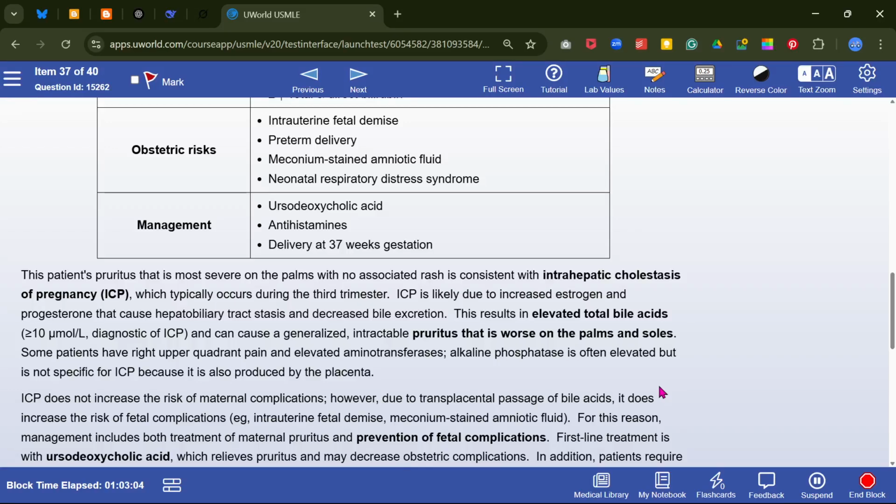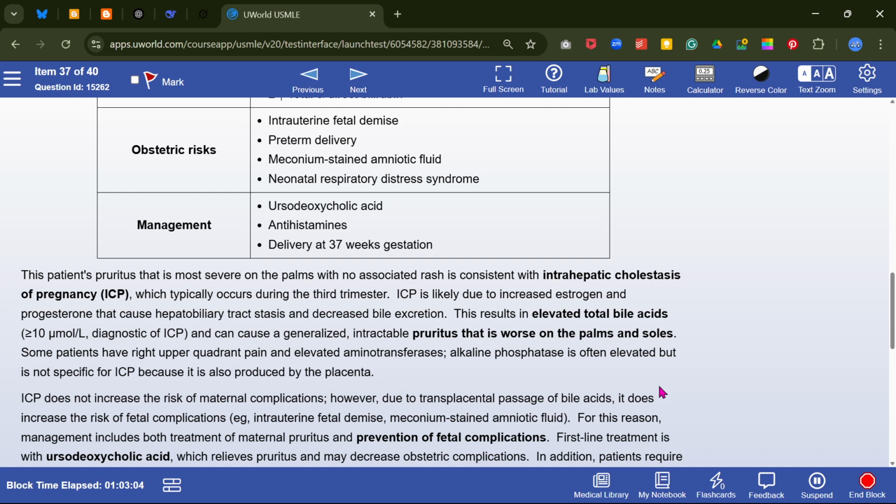Intrahepatic cholestasis of the pregnancy (ICP) is likely due to increased estrogen and progesterone that cause hepatobiliary tract stasis and decreased bile excretion. These result in elevated total bile acid, more than 10 micromole per liter, diagnostic of ICP, and can cause a generalized intractable pruritus that is worse on the palms and the soles.